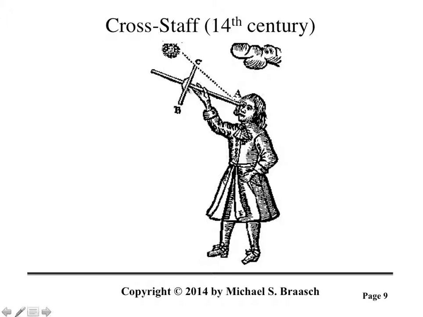If the object was low on the horizon, you'd have to move this cross piece out farther away from you. If the object was very high in the sky, you'd move the cross piece much closer to you. And then there were markings on it that you could use to measure that angle.